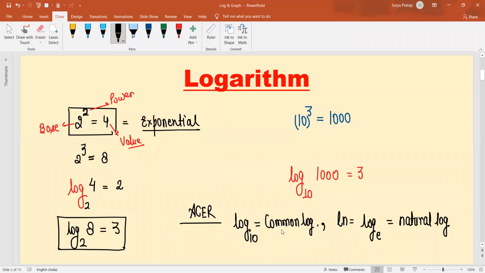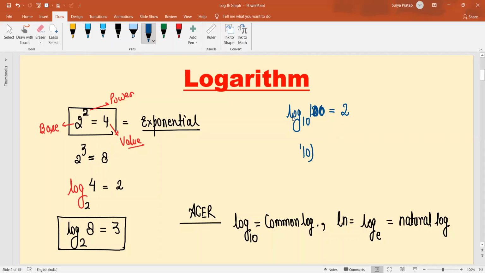Both are always different. If we have to solve the terms with the base, then the base values are different. For example, to show how they are different, log base 10 of 100 gives a value of 2. It means the exponent part is 10 raised to the power 2, which is equivalent to 100.